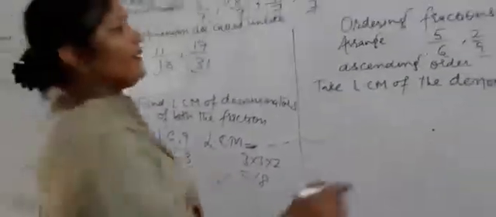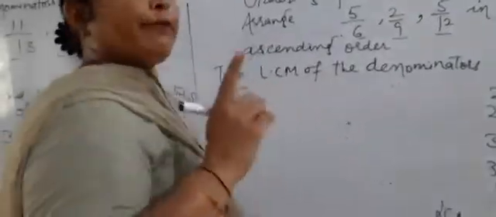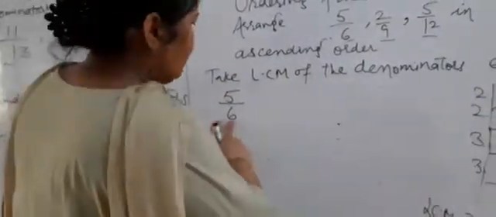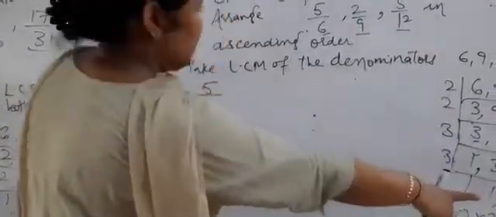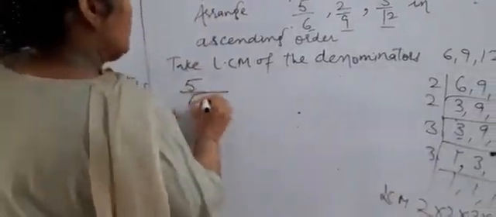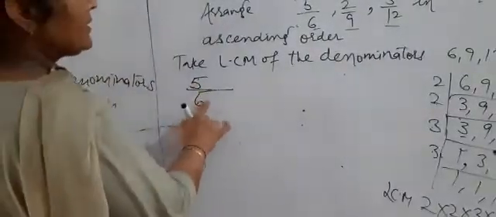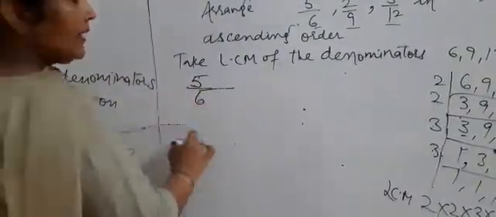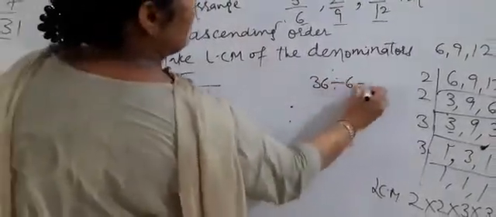Now, next step is you will convert this 5 upon 6 into the fraction which has denominator equal to 36. Now, how will this 5 upon 6 become that? This denominator 6 will become 36. When you divide this LCM by this denominator 6, you have got 6.